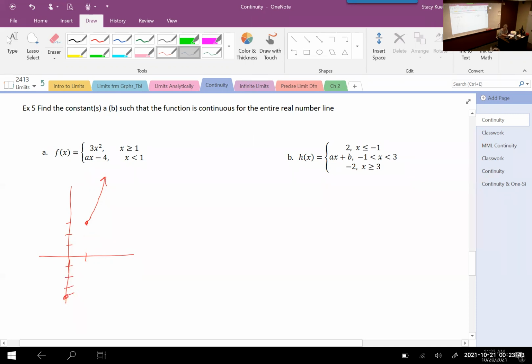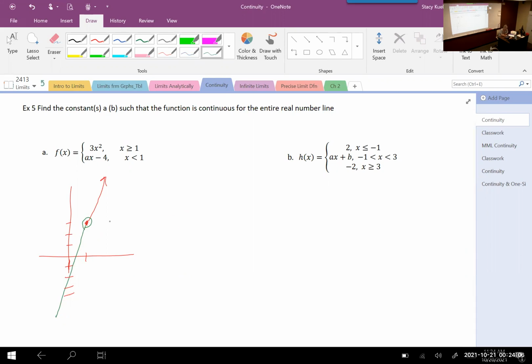Somewhere down there. So what I'm sketching out is what is going to be the equation that connects this green line to that top line to make it continuous.